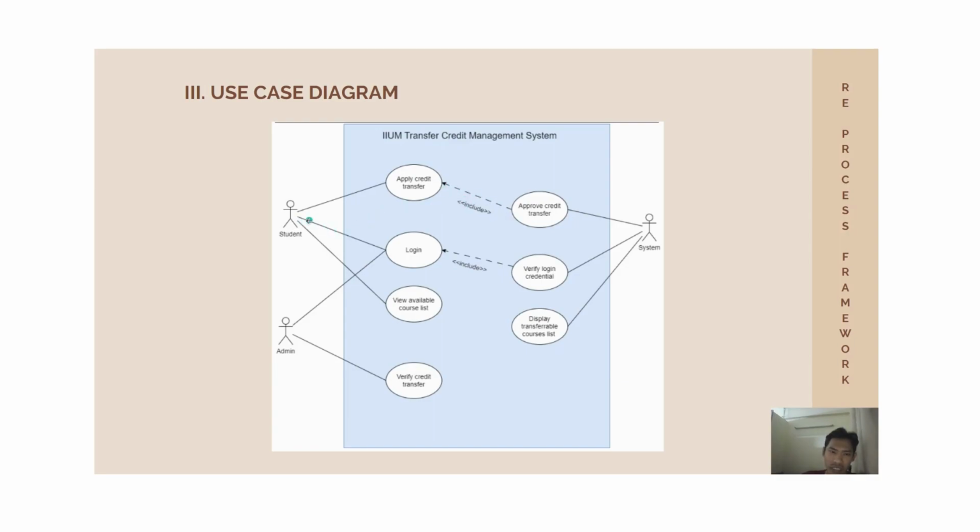And then the student is able to log in, where the system has to verify the login credential, whether the student entered an incorrect password or anything else. If the credential is accepted, if the credential is right, it will verify the login.